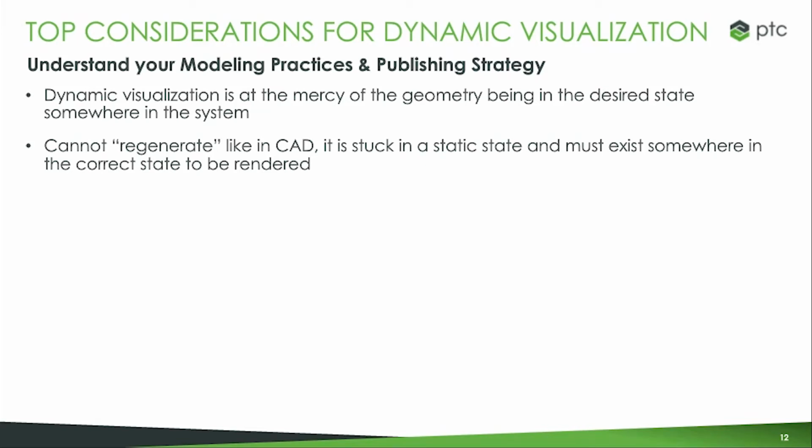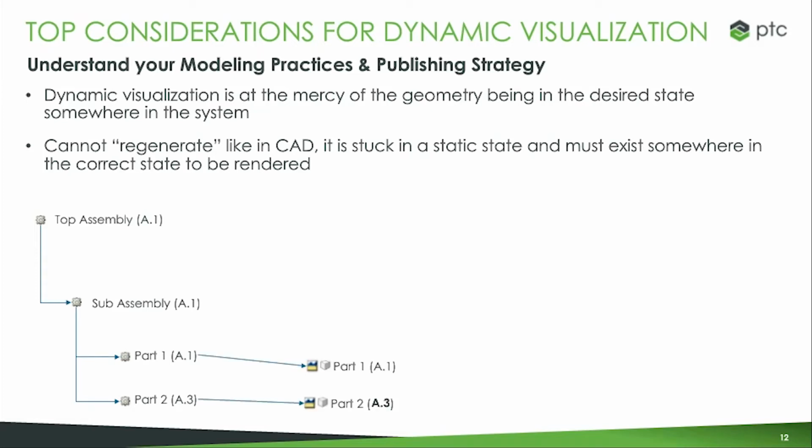So let's see where that might create trouble. Let's have a simple example. It's the same top assembly, subassembly relationship here. I've gone ahead and iterated part 2 up to A.3, so maybe I made it a little bit wider. That's going to change the geometry of the weld, and that's held at the subassembly level.